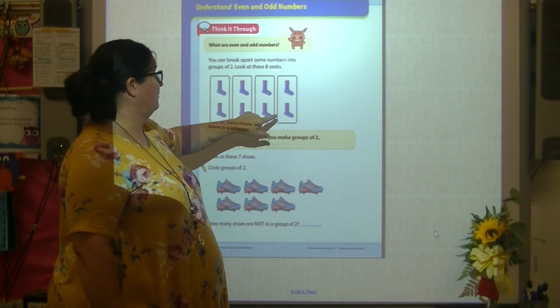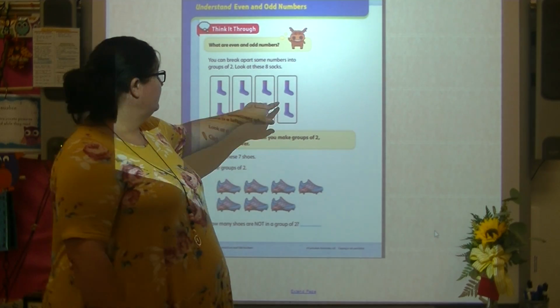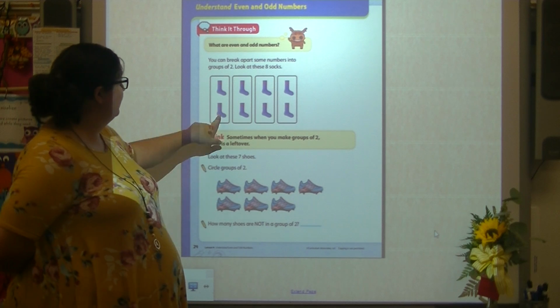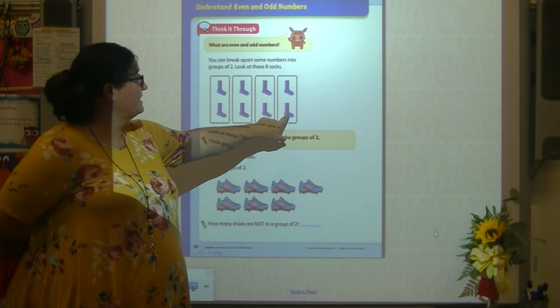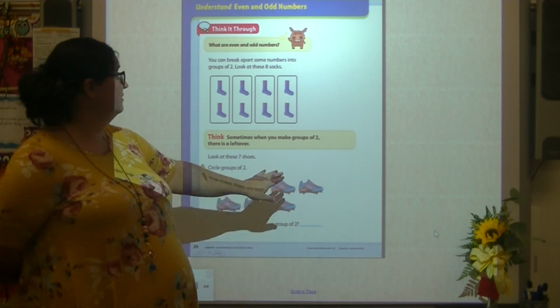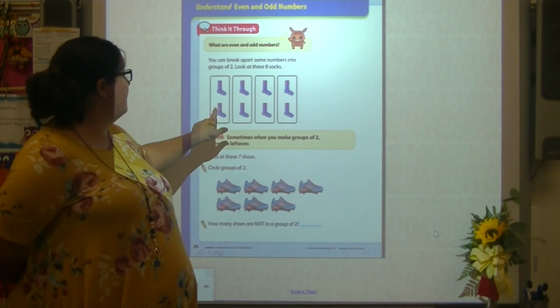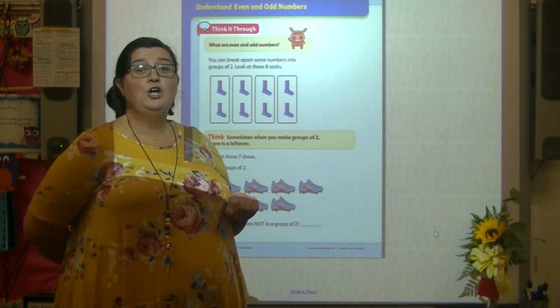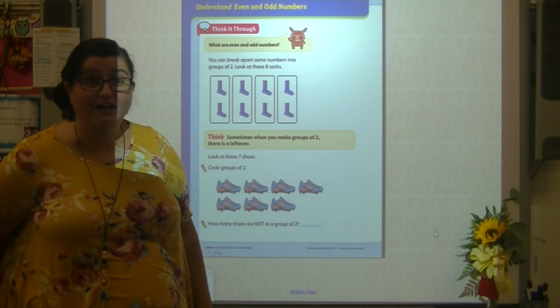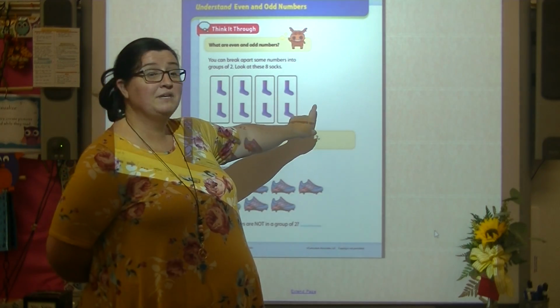This one has a partner, we circled it. This one has a partner, we circled it. Look at that. Now each one has a partner. Do we have any socks left over? No. If everyone has a partner, we can say that that number is even.